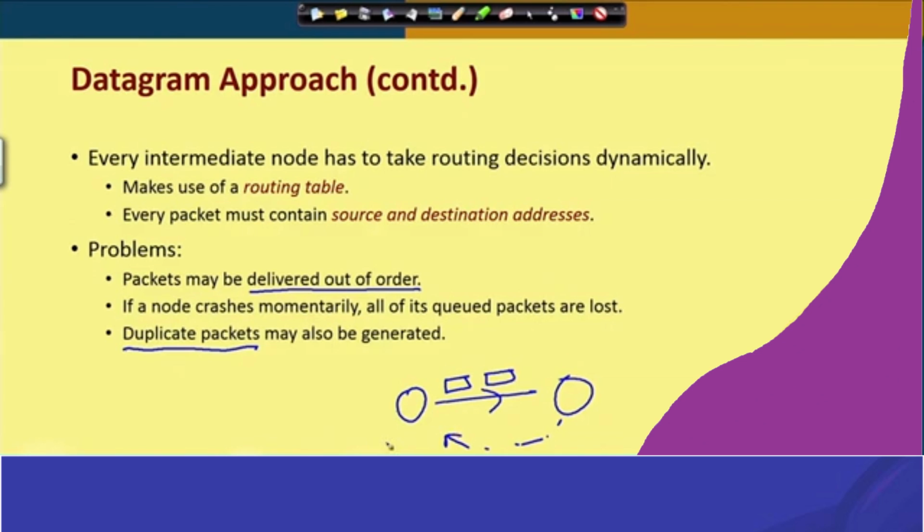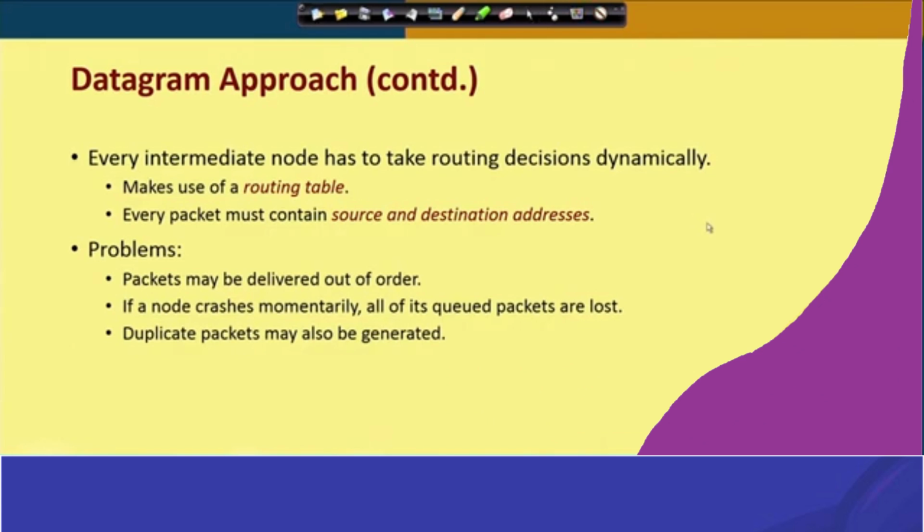If the acknowledgement does not come, the sender will assume that there is something wrong, so let me send it again. But it may so happen that because of some other problem, the acknowledgement got delayed. If the sender sends the same packet again, duplicates will be generated. So, some duplicate packets might get generated.